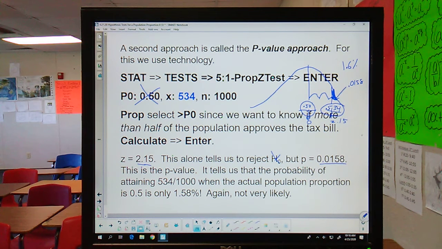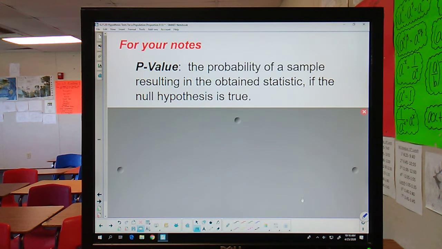So it tells us that the probability of getting 534 out of 1,000 when the actual population proportion is only 0.5 is only about 1.6%. Again, not very likely to happen. Remember the rule of thumb: if it's less than 5%, and that's just a rule of thumb, so don't hold that as always true, but generally we say if it's less than 5%, it's not likely.